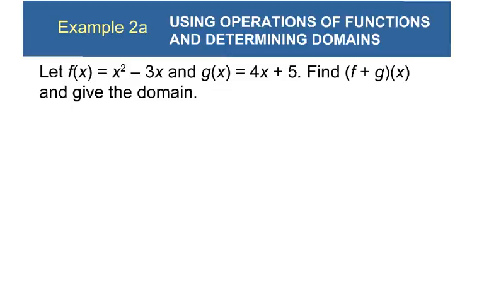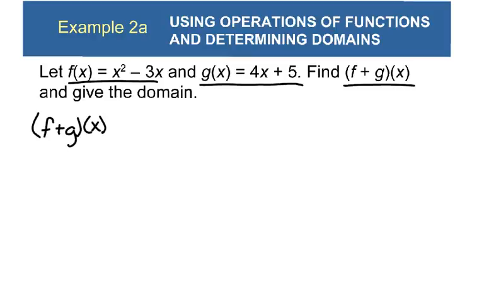Now, what we're going to do is take these functions that were given. Here's our f of x, here's our g of x, and we're going to add our functions together and just simplify it. So here's what we're going to do. This f plus g of x translates to f of x plus g of x. I'm just going to replace my f of x with what it's equal to right here. Go plug that in. And the same thing for my g of x.